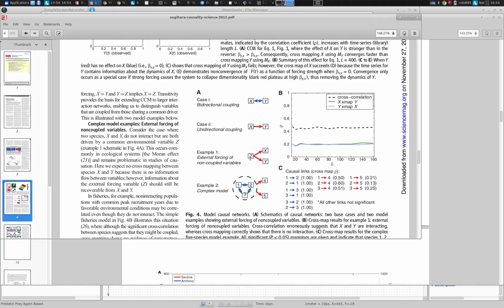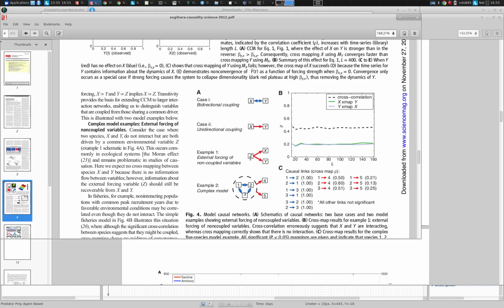You notice here's a complex model with 1 bidirectionally influencing 2 and 3, etc., versus here Z is influencing X and Y, or X just Y, or bidirectional. And here you are getting very clear signal from this.